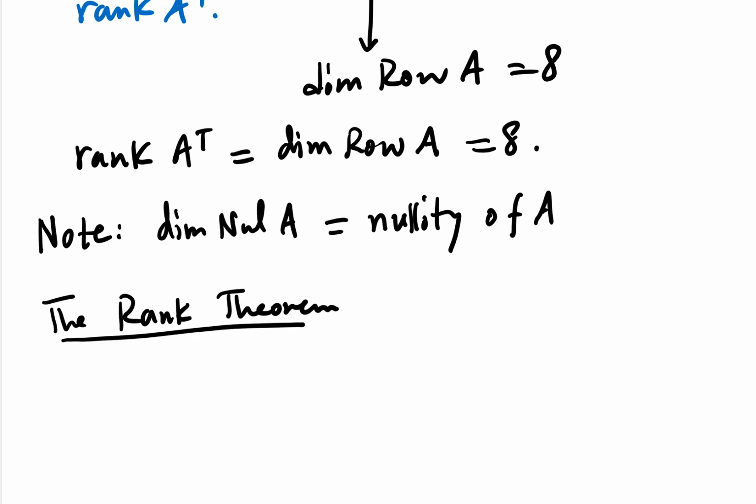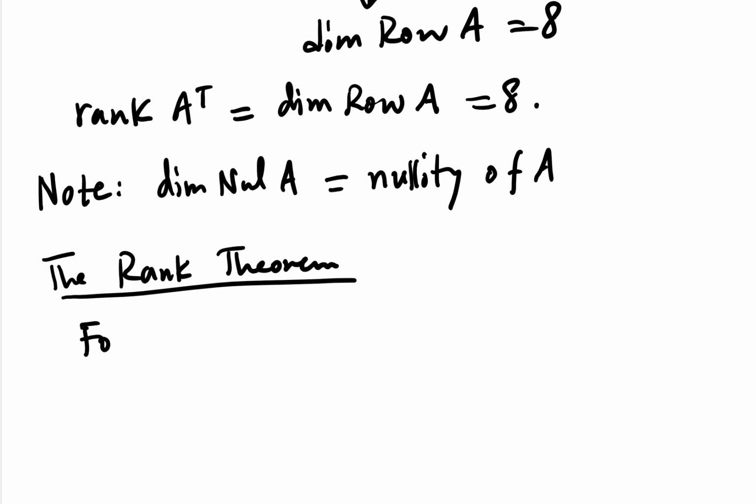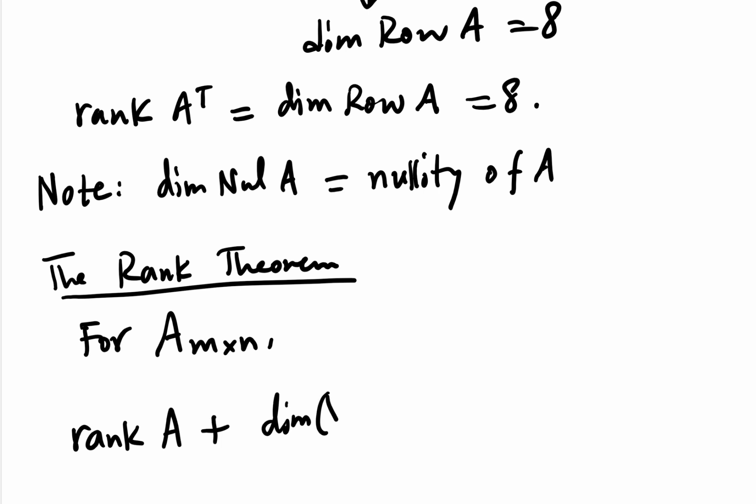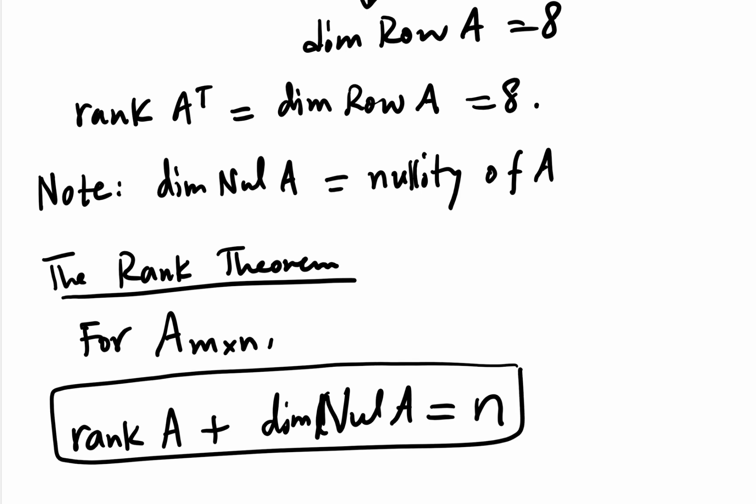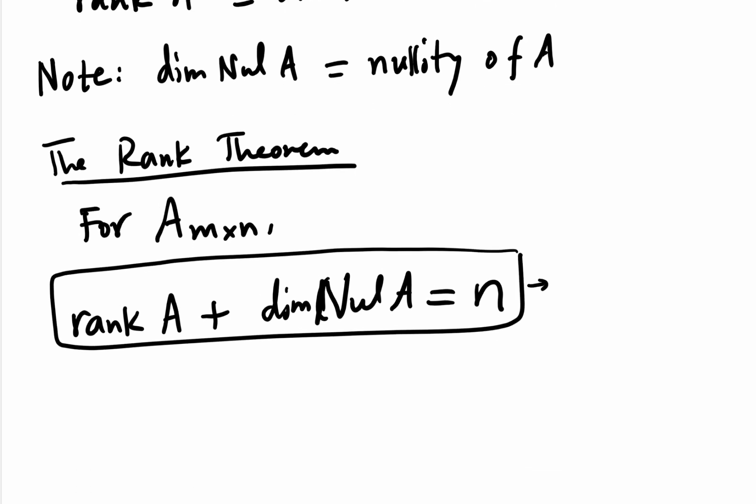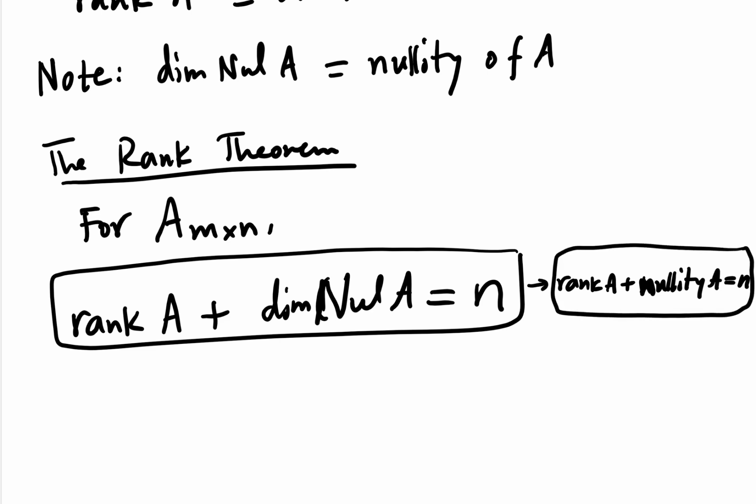The rank theorem says for an m by n matrix, the rank of A plus the dimension of the null space of A is n. Or some people write rank of A plus the nullity of A is n. Either one is fine.